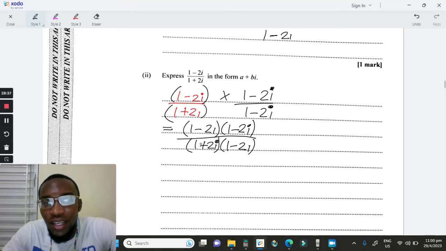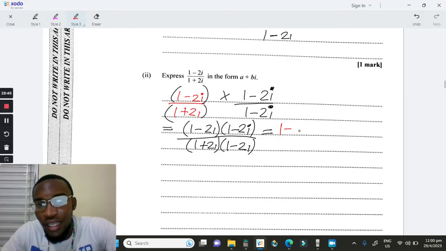So expanding it, 1 times 1 is 1. 1 times minus 2i is minus 2i. Then minus 2i times 1 is minus 2i. And then minus 2i times minus 2i is 4i squared.